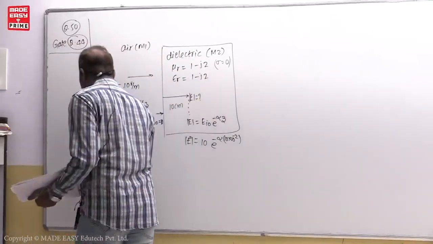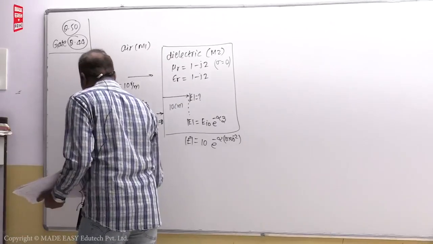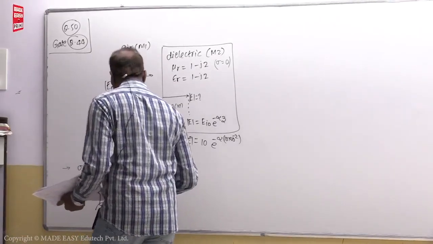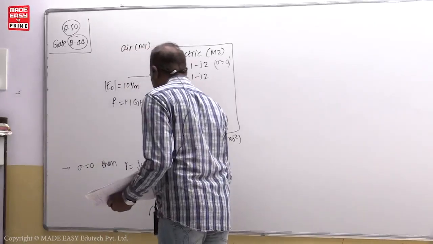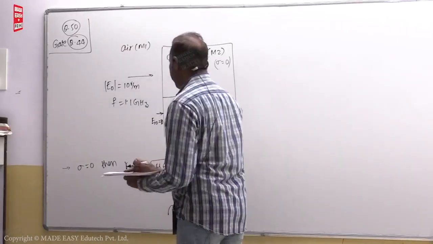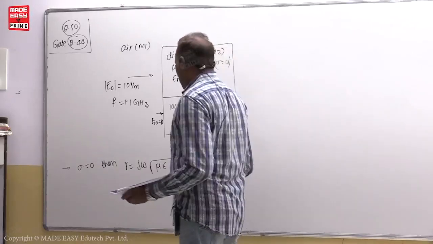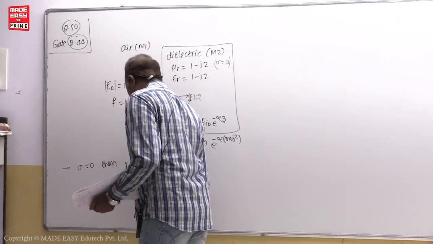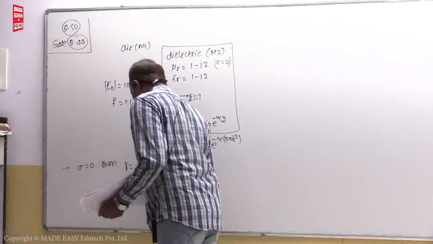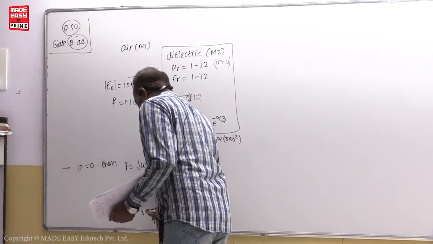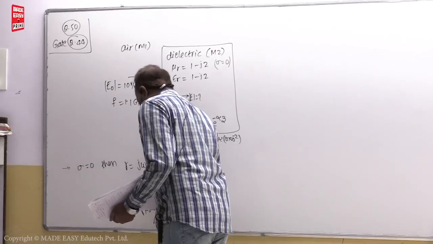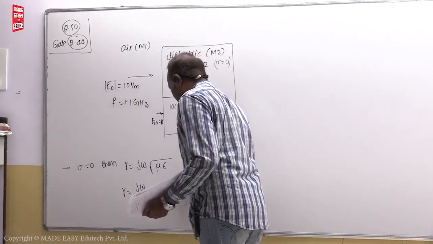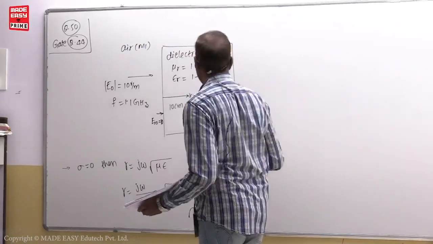Here sigma is 0, then gamma is equal to j omega root mu epsilon. Now that implies gamma is equal to j omega by root mu naught epsilon naught, and then root mu r epsilon r.